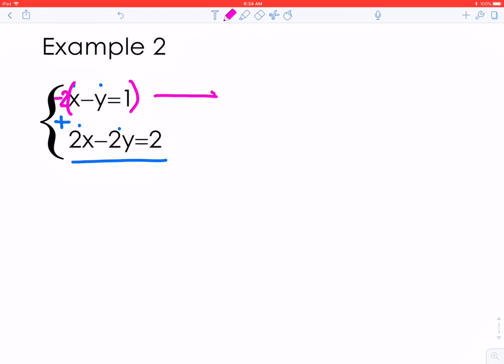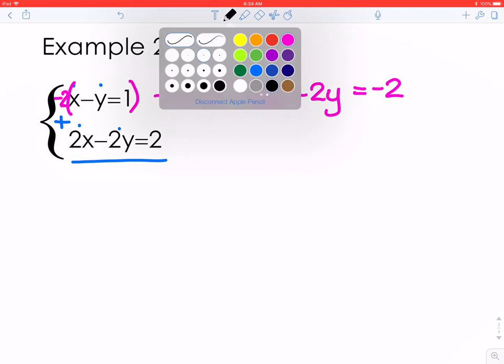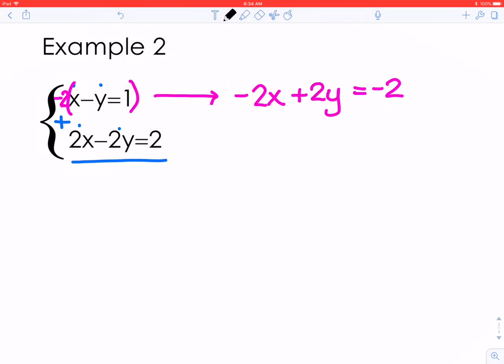Okay, so let's rewrite that first equation as negative 2x plus 2y equals negative 2. It will still graph to be the same line with the same slope and y-intercept, so that's legal, as long as we're talking about the same line. And we'll leave our second equation as is, not making any changes there.